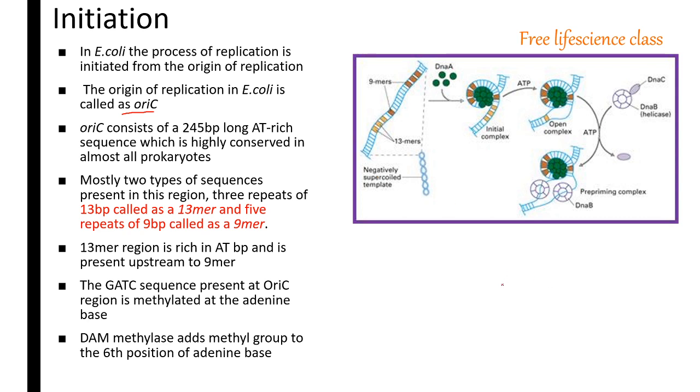When we deal with prokaryotic DNA replication, we all know that the prokaryotic chromosome, the prokaryotic DNA, is circular in nature. So we have to recognize the point to start replication.